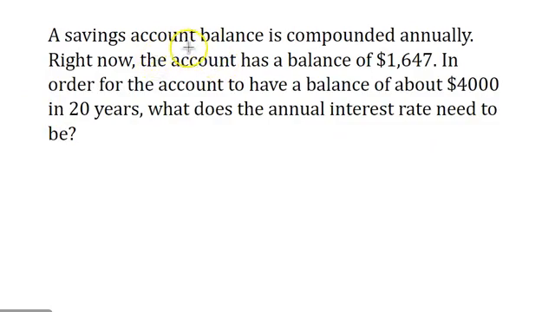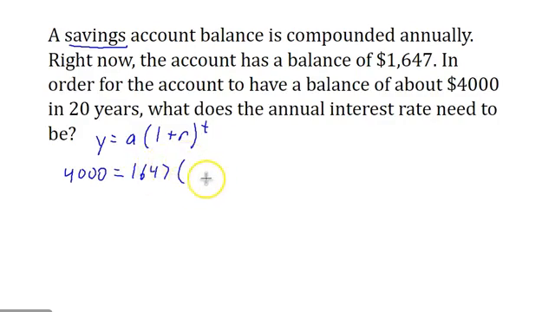And the savings account is growing, so this will be exponential growth. We want to end up with $4,000. We're starting with $1,647, and we're looking for the interest rate that will get us to $4,000 in 20 years.